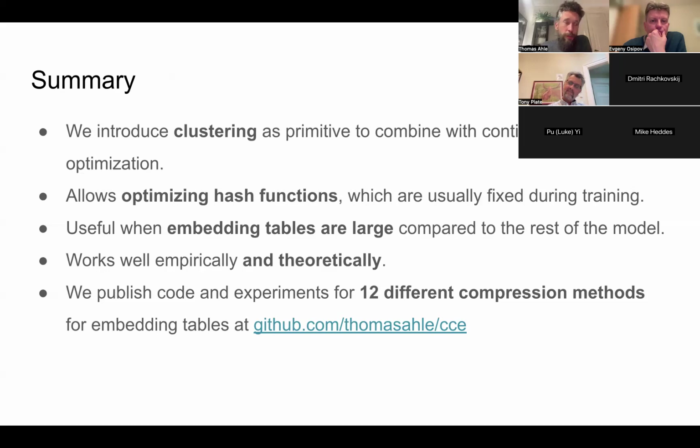So they were already using vector quantization. I think how many bits were they using? Maybe 1 byte per parameter, but they were using 16 dimensions.